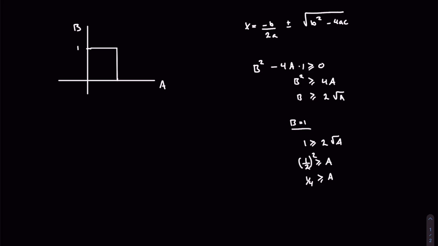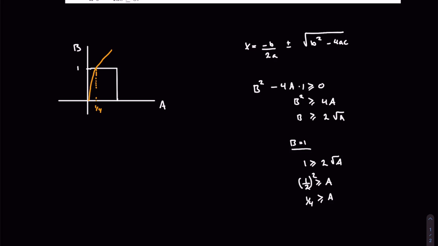So let's plot this little function here. We have 1/4 and 1. This function also starts at 0, so it starts here, and it will hit 1/4, so it will go something like that.